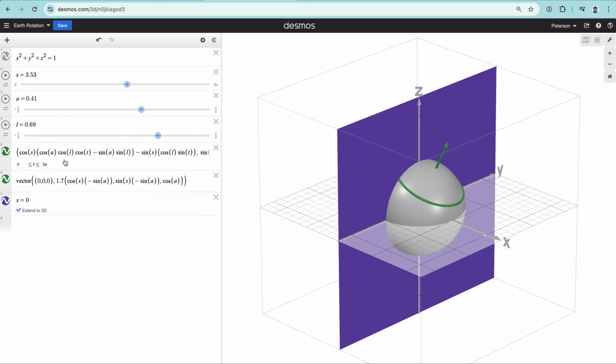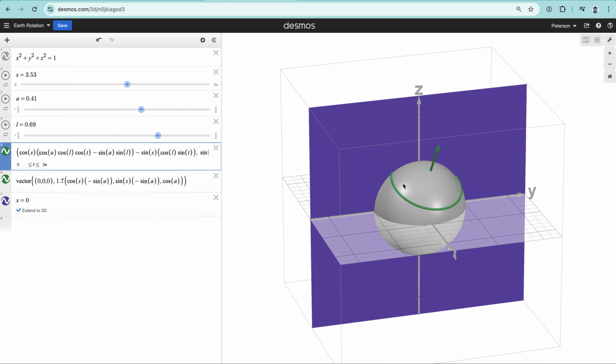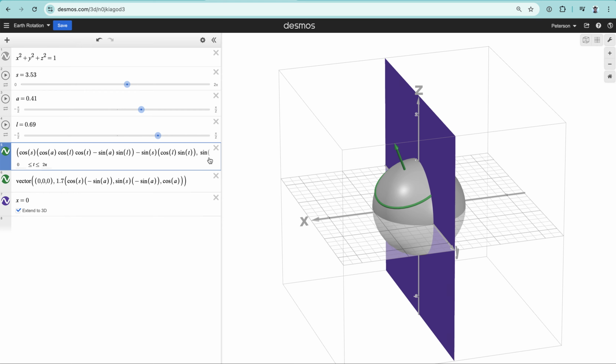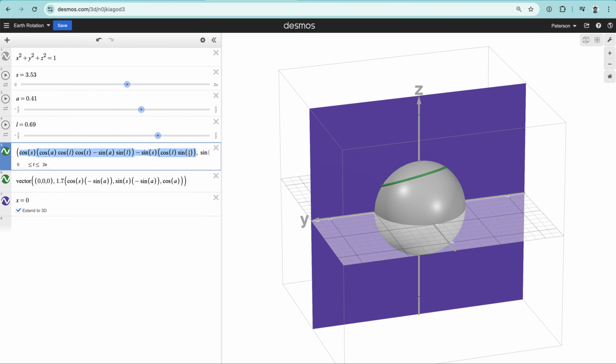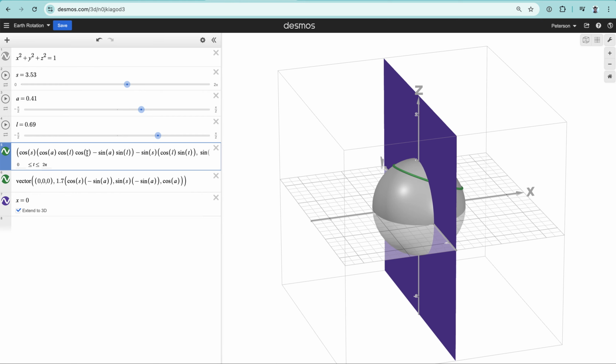Now, a little more about how Desmos works. When you make an expression with a t in it, default behavior in Desmos is to interpret t as the independent variable in a parametric. So what you see here is actually a vector. It's got three components. This is the first component, so that's the x component of the vector, and the x component of the vector is a function of t.